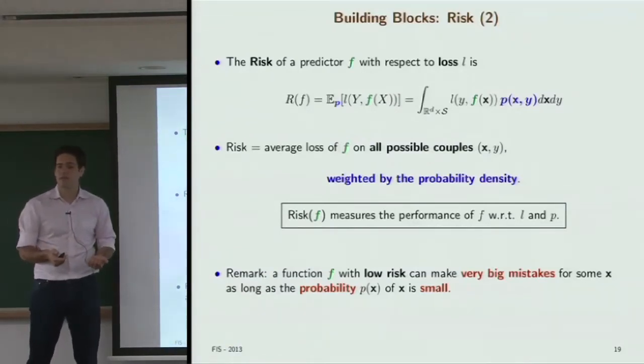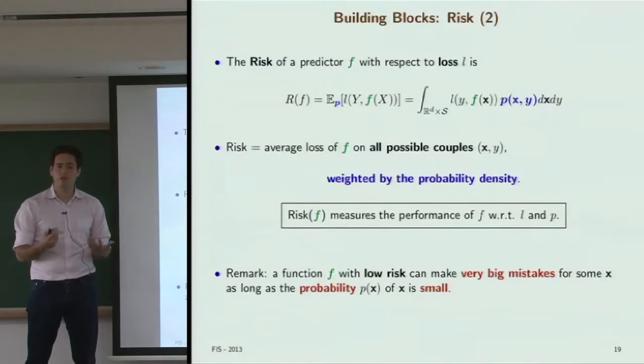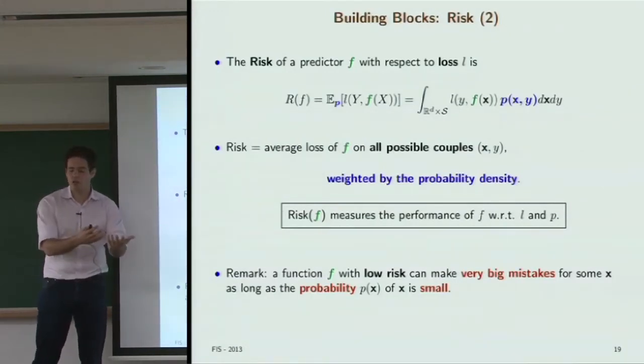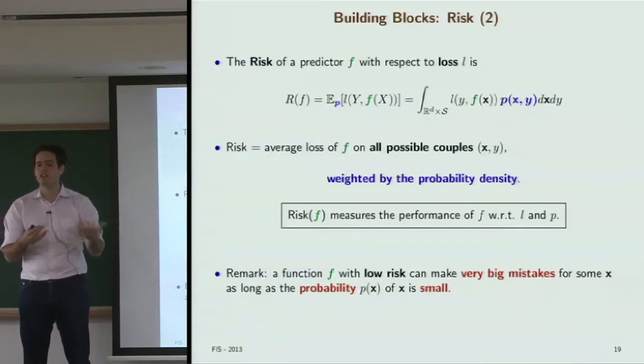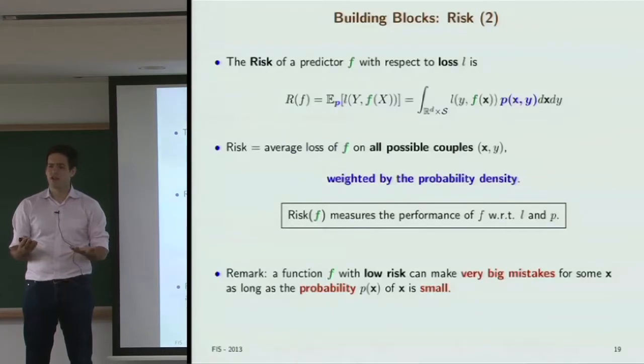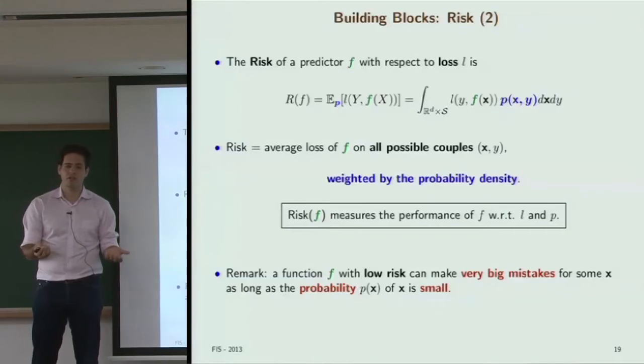So if you have a regression function which needs to be trained on a set of x and y's, for instance, if you want to predict the weight of someone given their height, if your prediction for a person that is 250 centimeters is like 10 tons, it would very likely have a very, very small impact on the risk of that function.